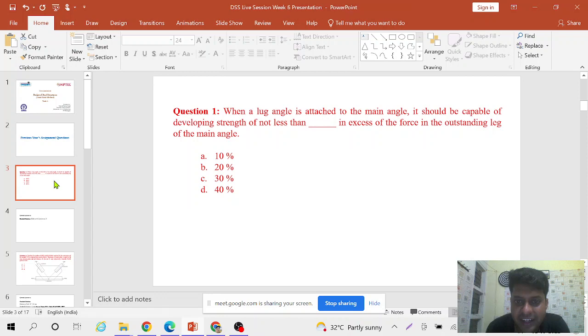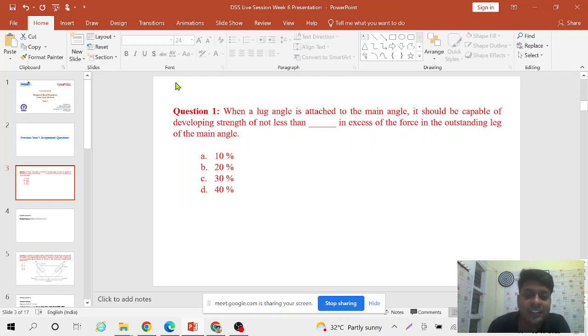The ratio of the gross area of the connected leg and the outstanding leg will be in that proportion. You are in the correct direction, but there is one effect called the shear lag effect. Yes, fantastic. So these are the two main reasons. First, in order to reduce the connection length, and the other is the shear lag effect.